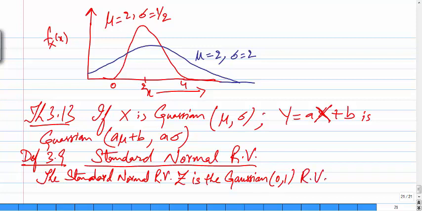If the mean is 0 and the standard deviation is 1, then we can say that this is the standard normal random variable, and we normally represent it with Z. This means that the expected value of Z is 0 and the variance of Z is 1. So this is known as the standard normal random variable.